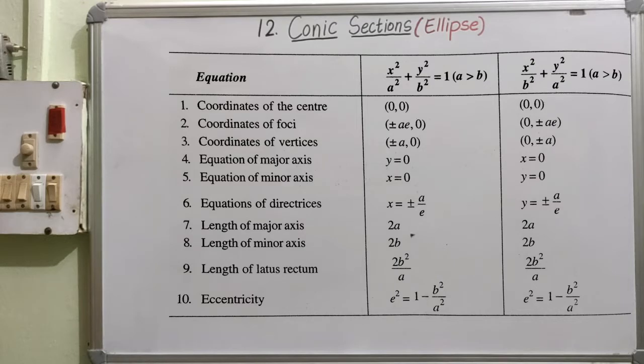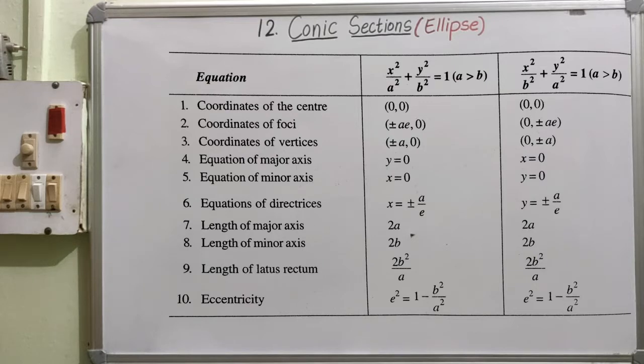When the major axis is along the x-axis, then we call that ellipse a horizontal ellipse, and the equation of that ellipse is x²/a² + y²/b² = 1. The last column is about the vertical ellipse. That means when the major axis is along the y-axis.